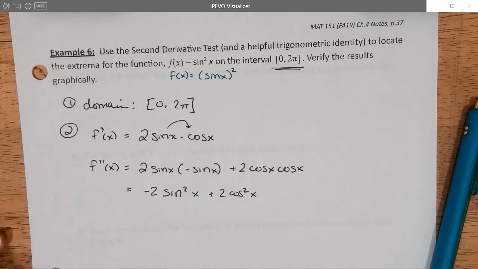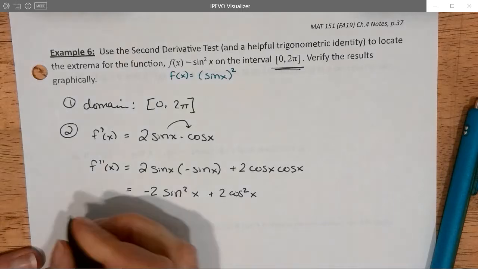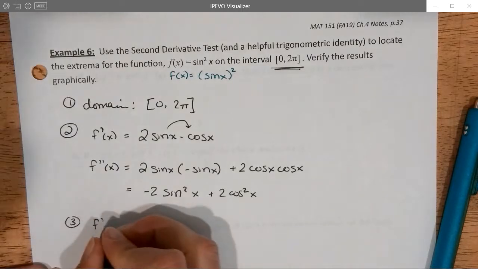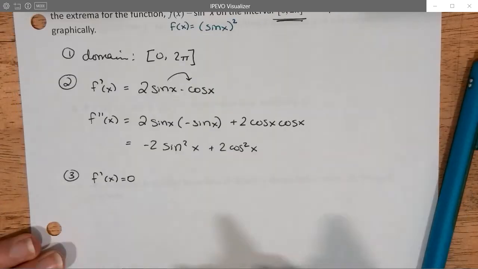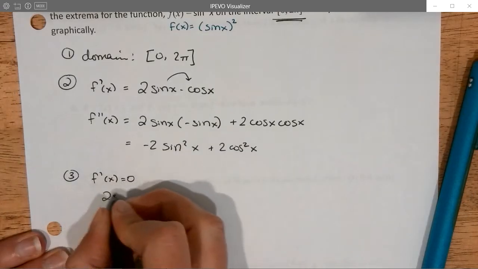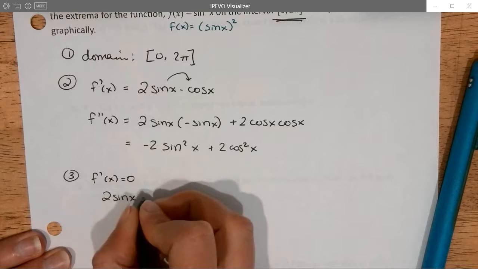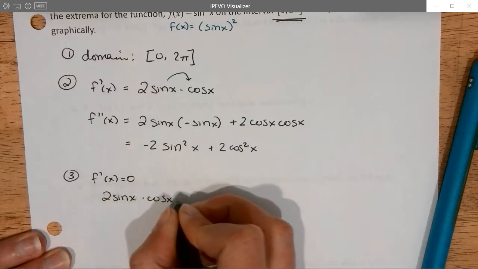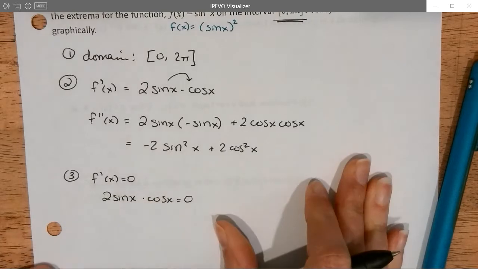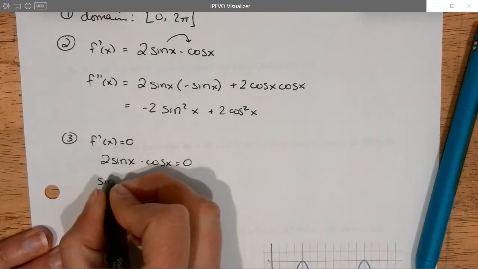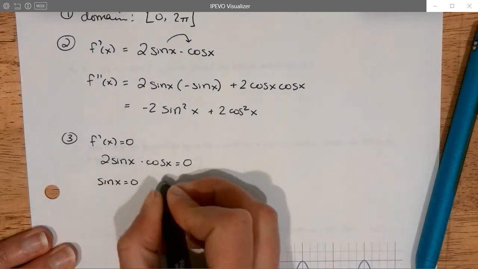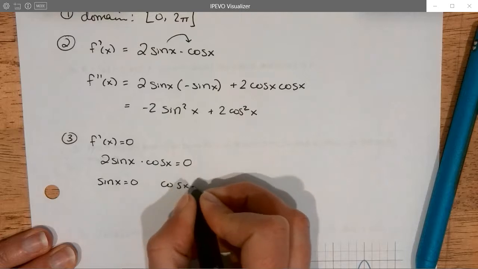Next, we need to look at the critical values. So we're looking at the first derivative being equal to 0. Okay, so 2 sine of x cosine of x equals 0. It's a product, so I can set the product equal to 0 by parts. So I can either have sine of x equals 0, or I can have cosine of x equals 0.